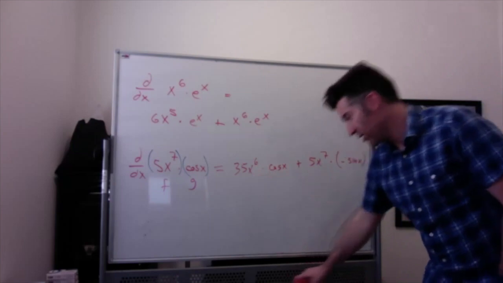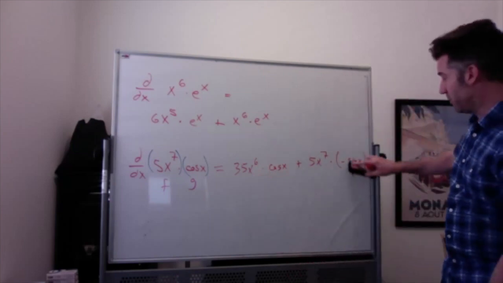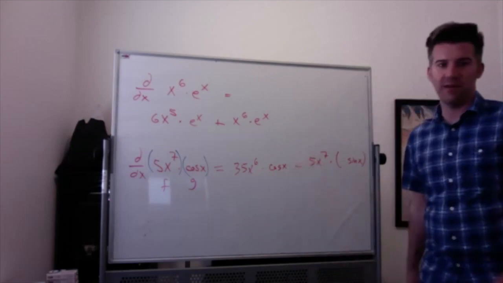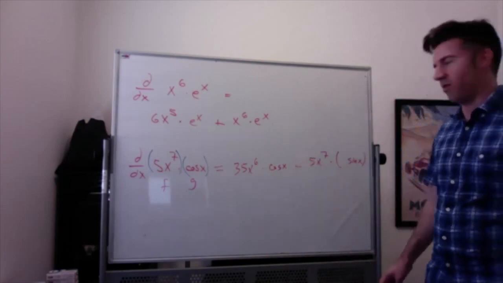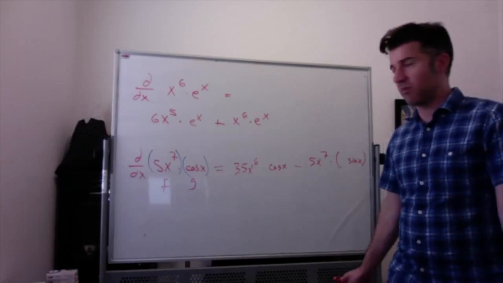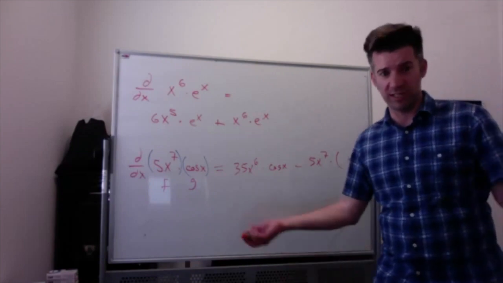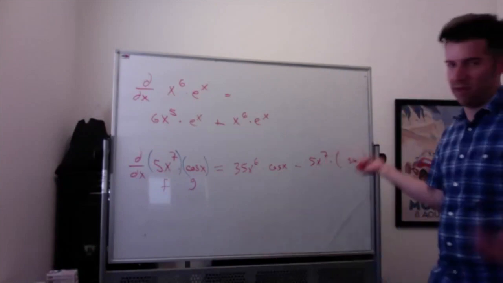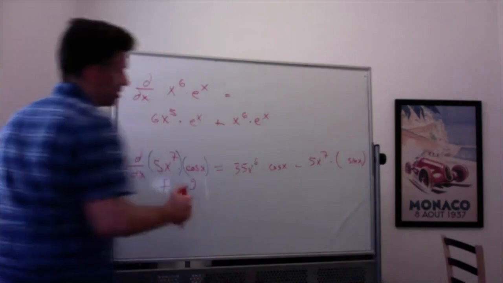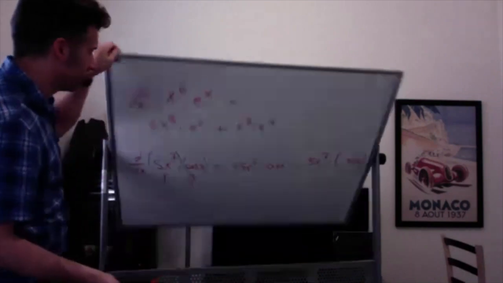That's how I would actually write my answer because it's better that way. Although sometimes, especially on an exam, it'll say find the derivative, you don't have to simplify. You could just leave it like that, but even then, you should simplify it. So those are a couple examples of the product rule.